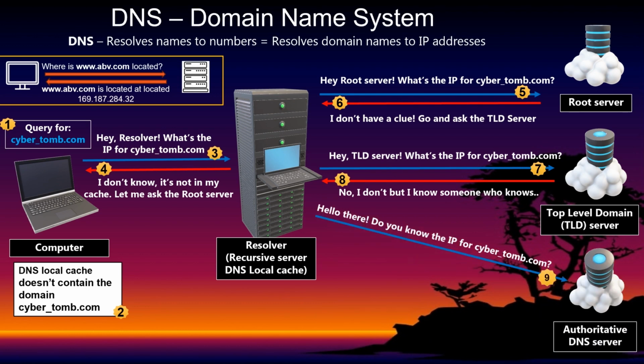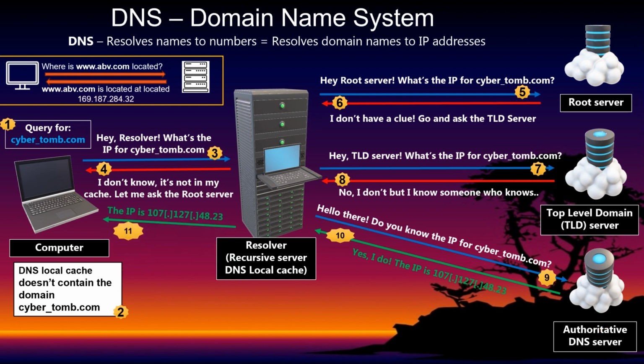It will refer the resolver to the authoritative DNS server, which is the last and final server. It's responsible for knowing everything about the domain. So the resolver will go and ask, do you know the IP for cybertump? And the authoritative server will finally tell us the IP of cybertump, and the resolver will tell our computer the IP address of cybertump.